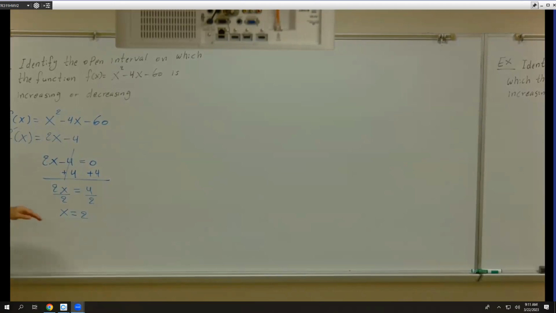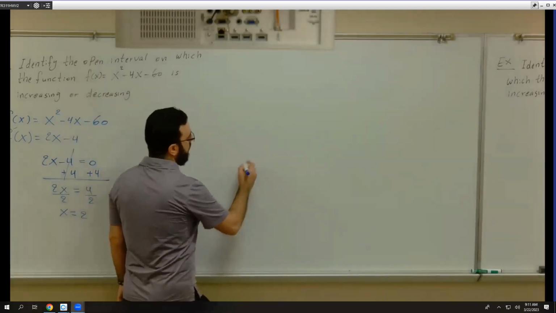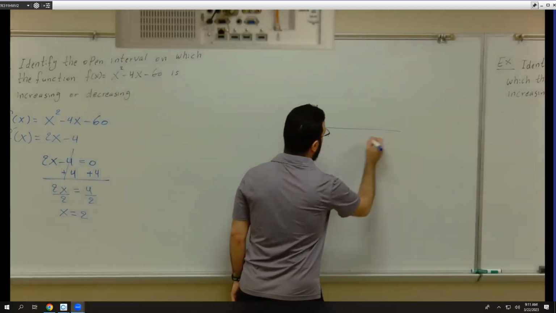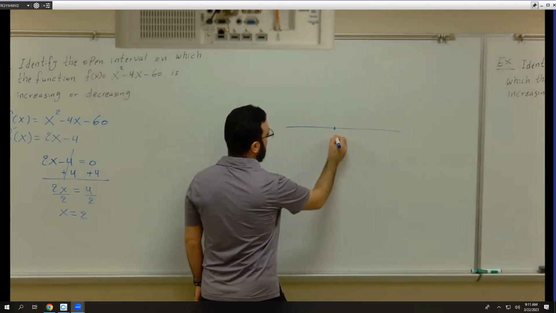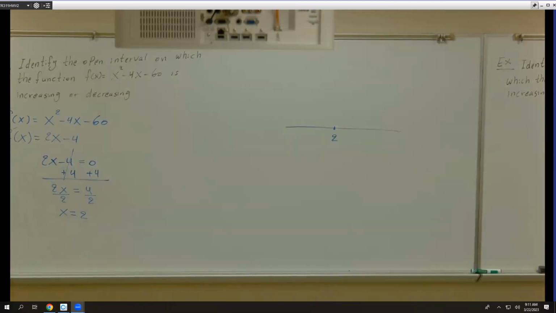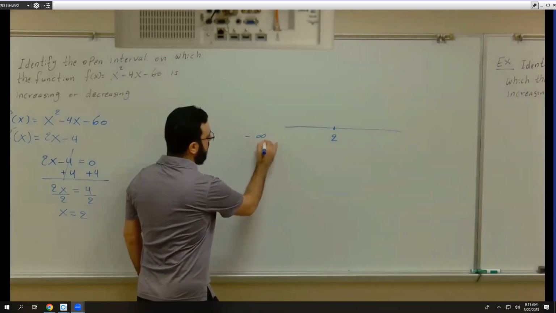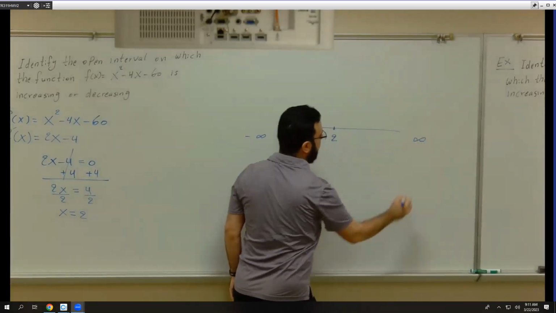Now, the next step is called the first derivative test. I need to test the first derivative. Let's do a simple graph here. There is the critical number, because my goal is to find the interval in which the function increases or decreases. Here's the x coordinate, negative infinity here, and here is infinity.